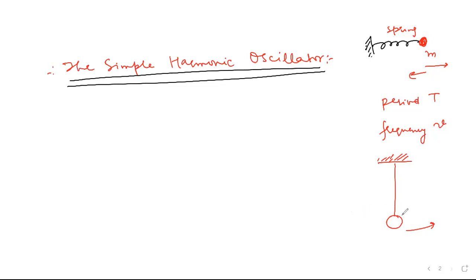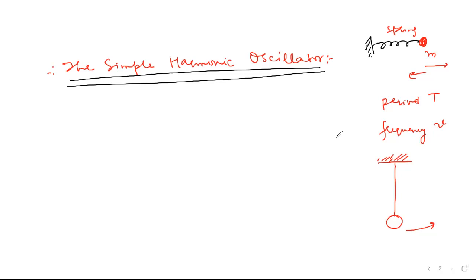It will oscillate under the action of gravity. There can be many different kinds of oscillators. Similarly, in some crystal, you can have an atom vibrating about its lattice point. That is also an example of an oscillation.